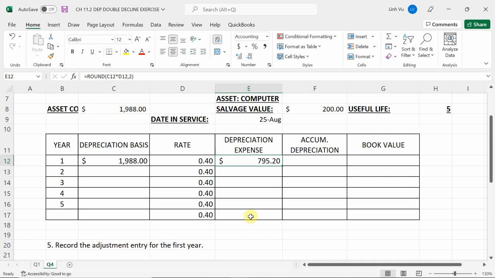So in this case, this is for the whole year. We can't treat my computer like it's 1 year old when it's only been 4 months. So how do I adjust my depreciation expense to reflect that I'm only depreciating it for 4 months out of the 12?